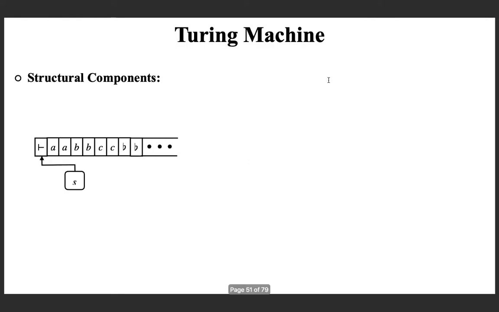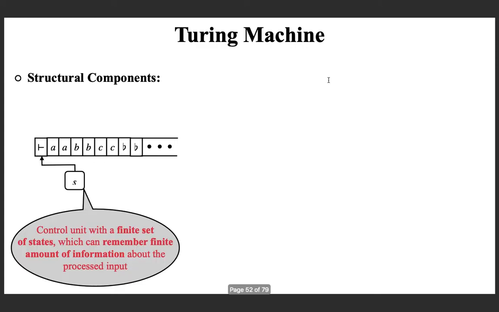Now we can look at the structural components in a Turing machine. It is very similar to a linear bounded automaton. It has a control unit with finitely many states, same as in the case of any other class of automaton that we have discussed.